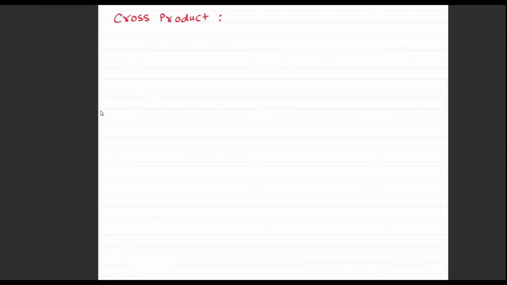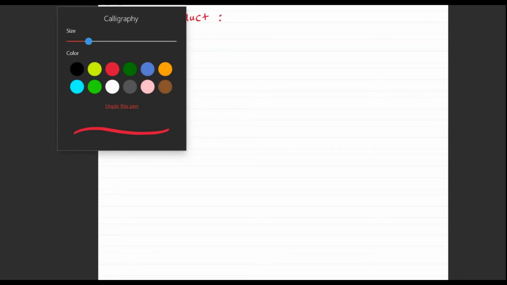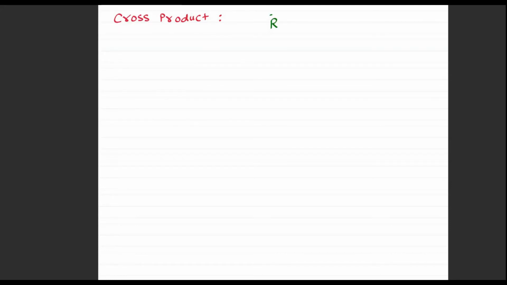Now we are going to discuss about cross product. Now cross product is defined like this. Right? Cross product will have both magnitude and direction.